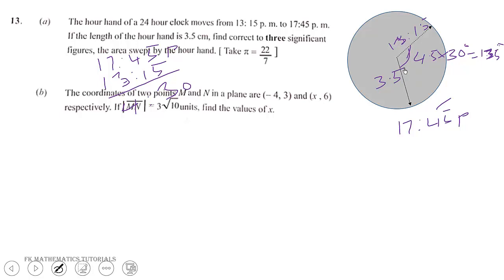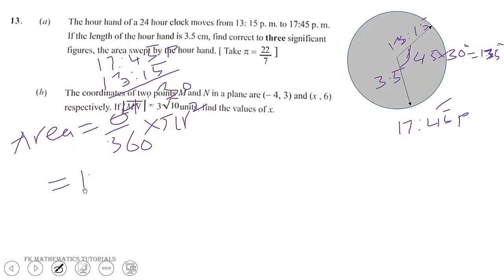So it means that we are asked to find the area of a sector, which is given by theta over 360 times pi r squared. So the theta here is 135 degrees over 360 degrees, times pi, which is 22 over 7, times the radius, which is 3.5 squared.